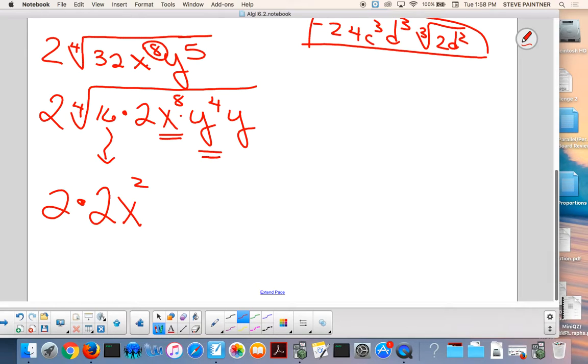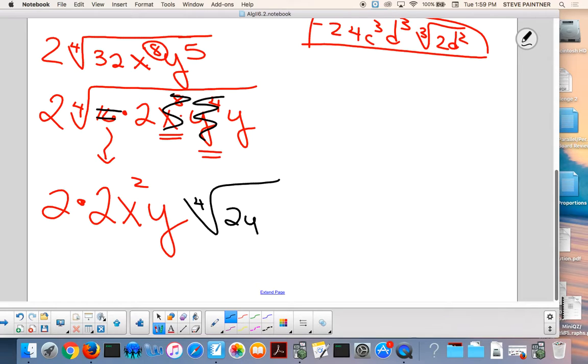This is going to be y. What's left inside? Fourth root of 2y. And we can change this to 4. So the answer was 4x squared y times the fourth root of 2y.